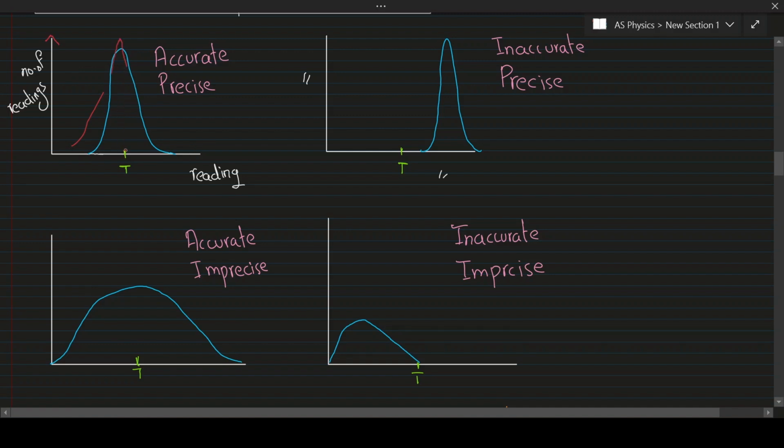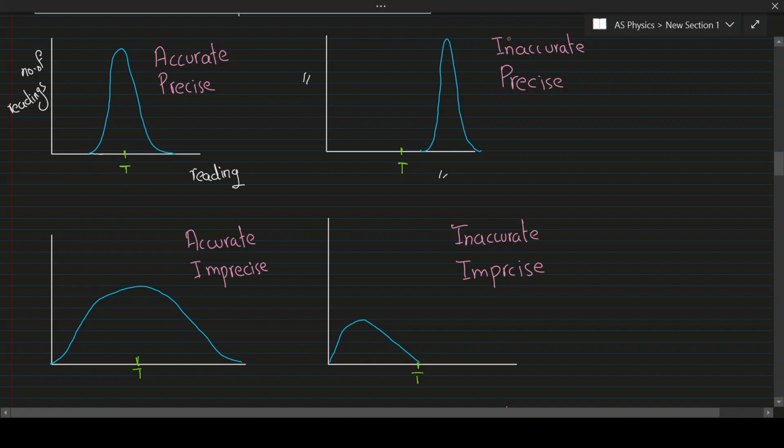This is your true value, which means that most of our values lie on the true value, which indicates that our experiment is accurate. To check precision, we can analyze the range. You can see that the range is less, which means that the result is also precise.